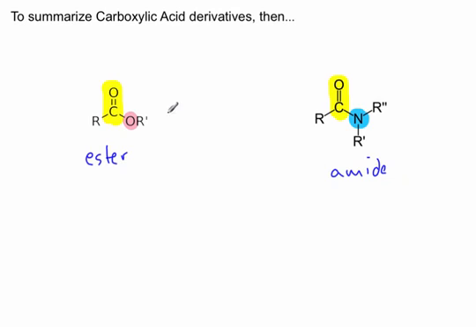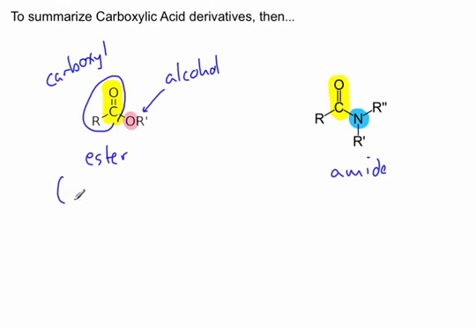And the esters originate from a carboxylic acid, and that's shown here. This component would come from a carboxylic acid. And this component then comes from an alcohol. So condensation reaction between a carboxylic acid and an alcohol produces an ester, and it also produces water.